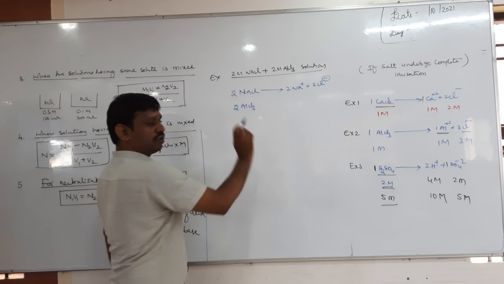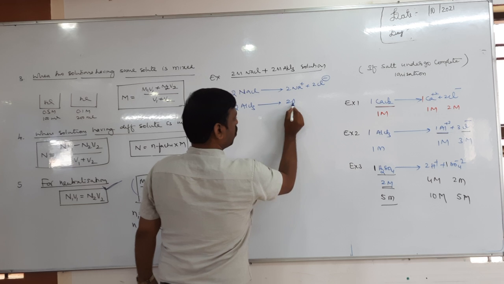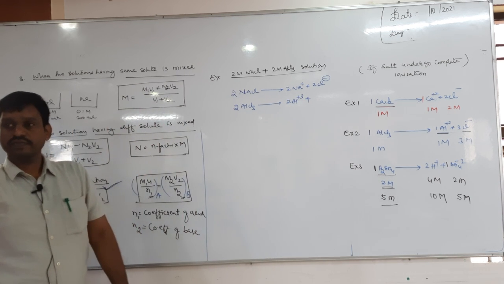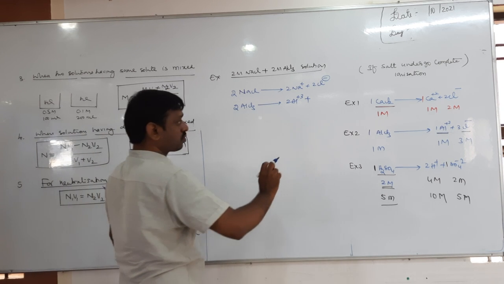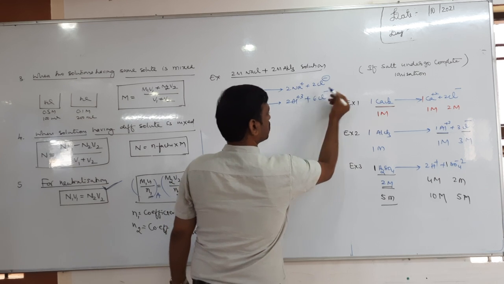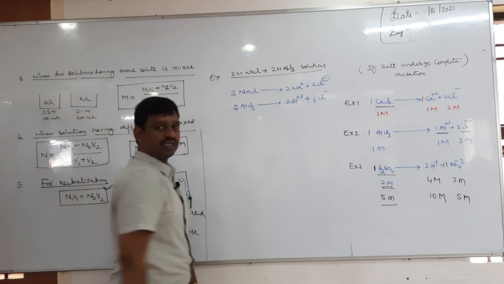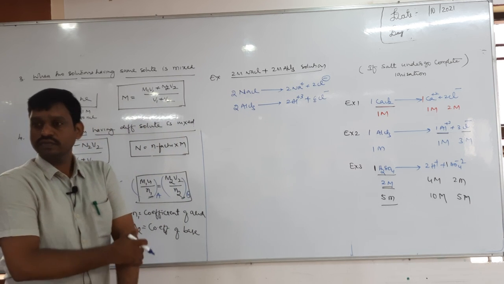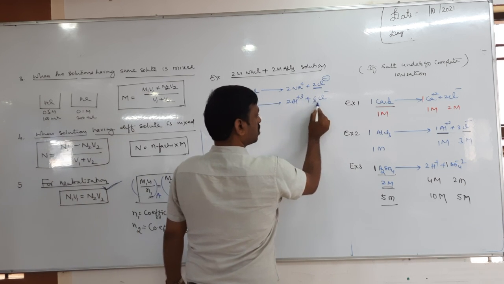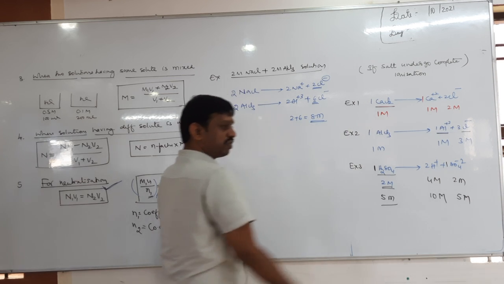It is also taken 2 molar. 2 molar AlCl3 gives rise to 2 molar Al3+ ion plus how many moles of Cl minus ion? 2 times 3 is 6 moles of Cl minus ion. So therefore, from NaCl it is 2 molar, from AlCl3 it is 6 molar. So 2 plus 6, which is 8 molar Cl minus ion, will be present in the solution.